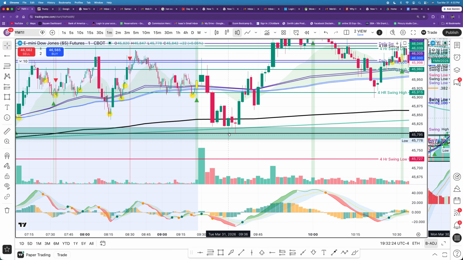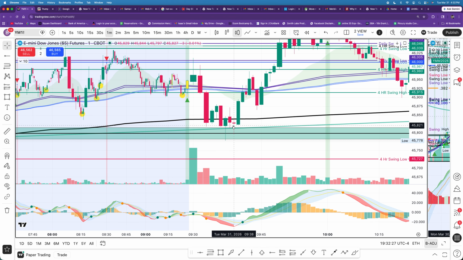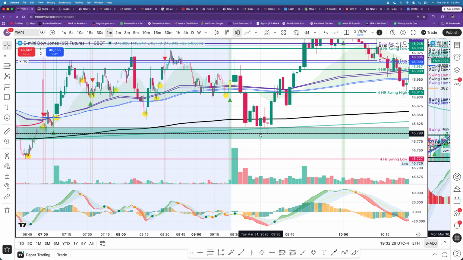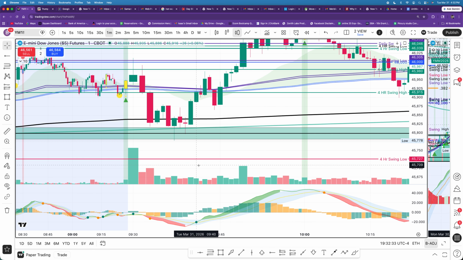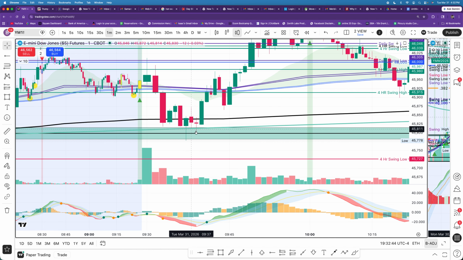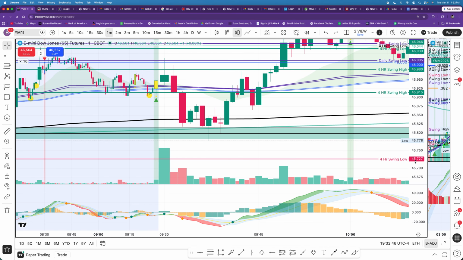You get a couple of long wicked candles off the level. This is the hourly pivot point level that we identified earlier. You get a hook on MACD and a cross, and your histograms go from negative to positive. So this is a good entry point right about here, where you get this MACD hook and these long buyers' wicks.